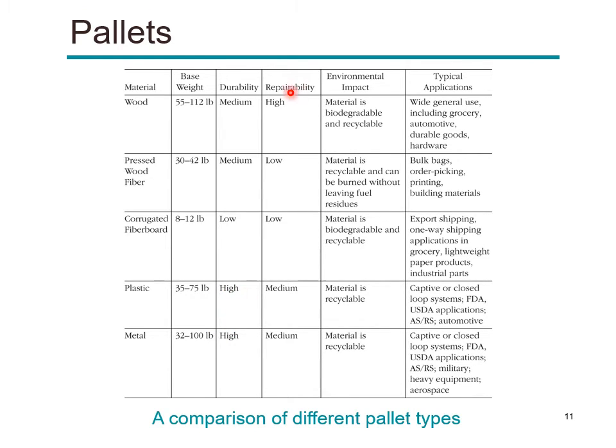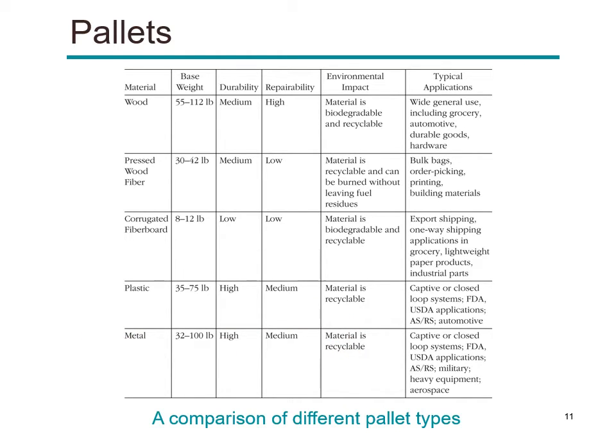When you consider repairability, you see wood is highly repairable, but if you use pressed wood fiber or corrugated fiberboard, they have low repairability. With respect to environmental impact, the wood is biodegradable or recyclable, and also the metal, for example, is recyclable.